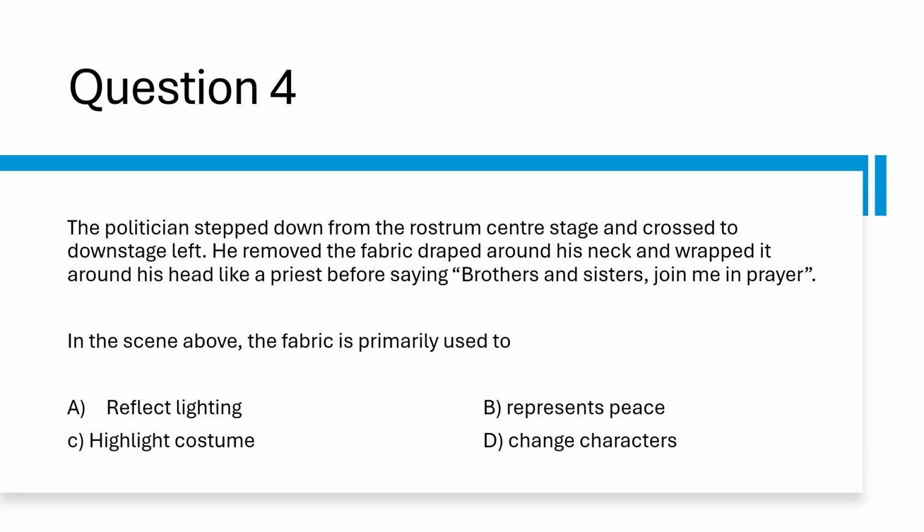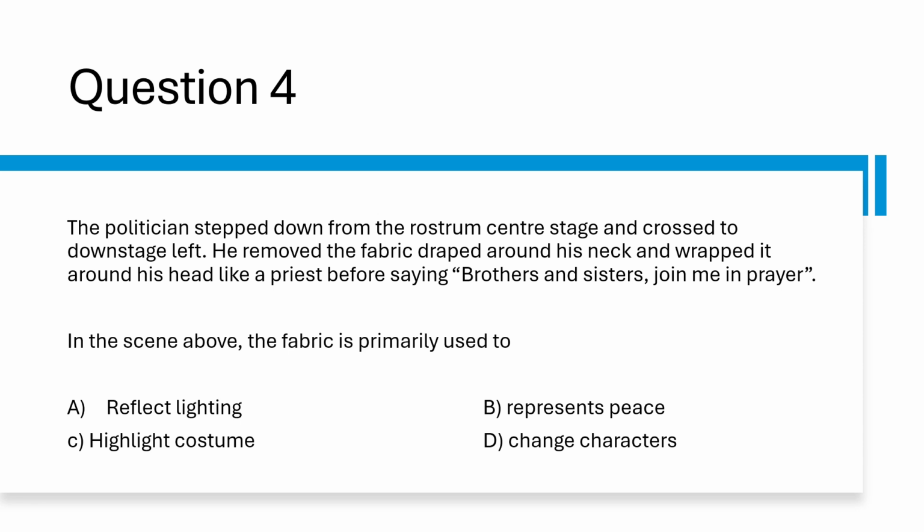So we get to C, highlight costume. So yes, it is also highlighting the costume because we're seeing the priest costuming using the fabric. But they say the fabric is primarily used for, and so the important term there is primarily.